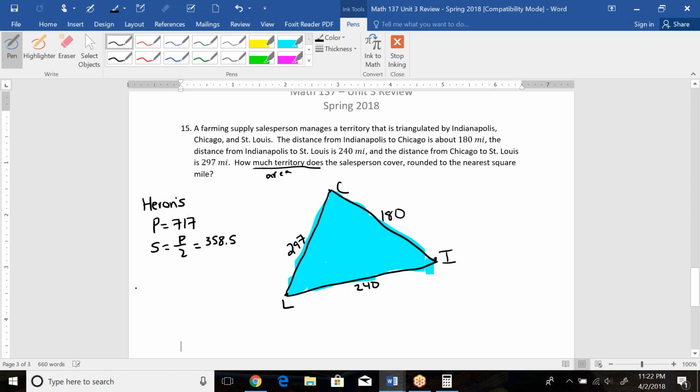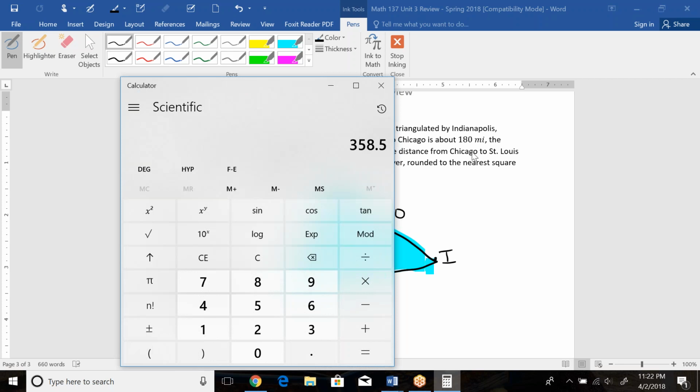Heron's formula says the area is equal to the square root of that number S, 358.5, times 358.5 minus each side. Minus 180, and then 358.5 minus 240, and minus the 297 is 61.5.